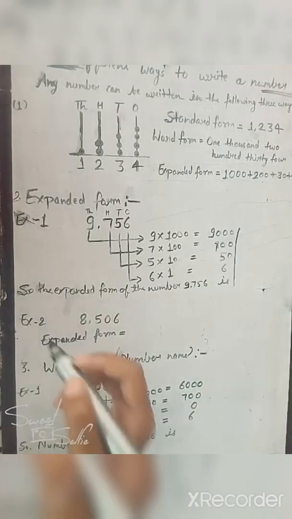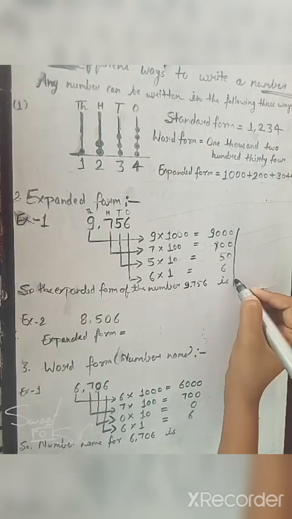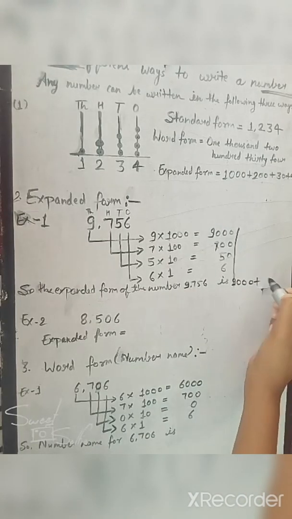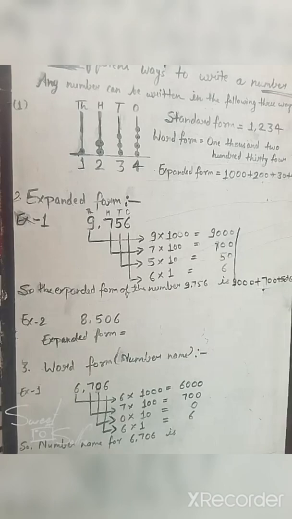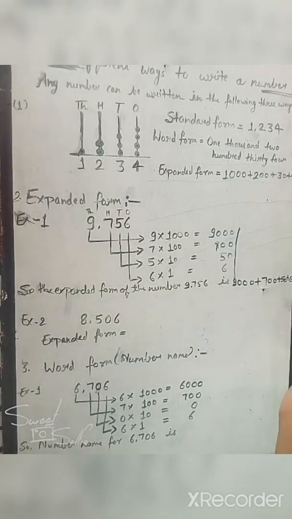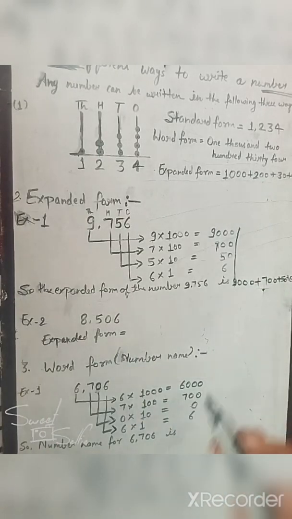So the expanded form is 9000 plus 700 plus 50 plus 6. You can see 9000 plus 700 plus 50 plus 6 is the expanded form of the number 9756.